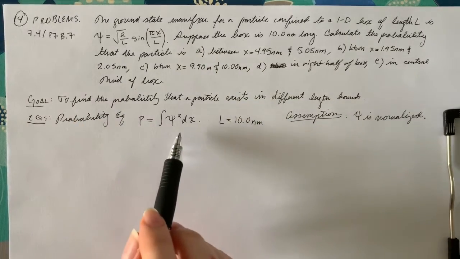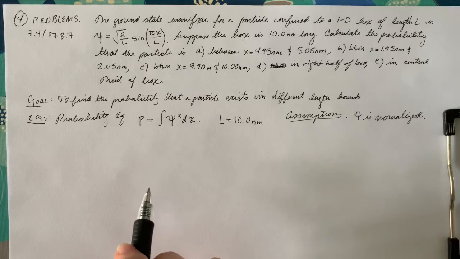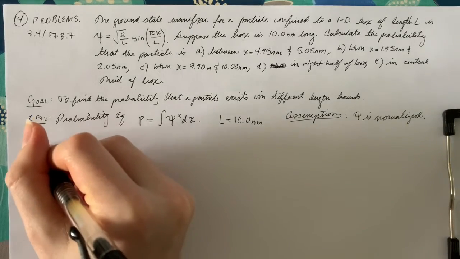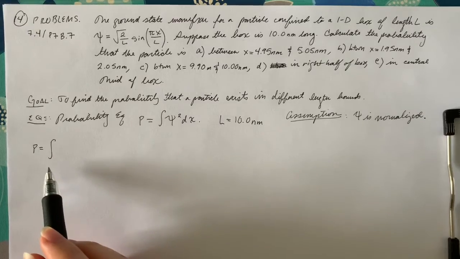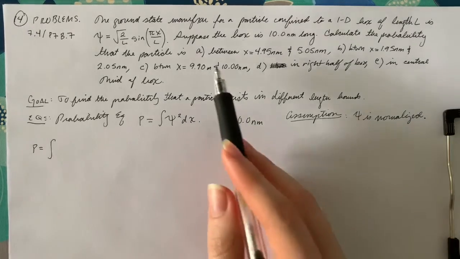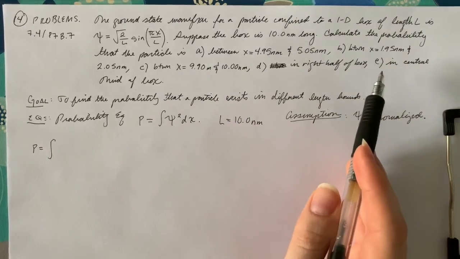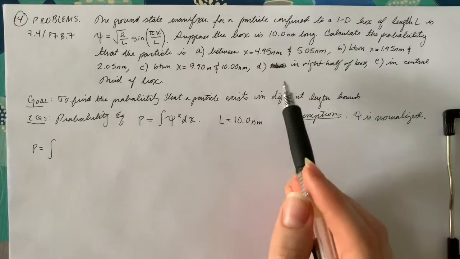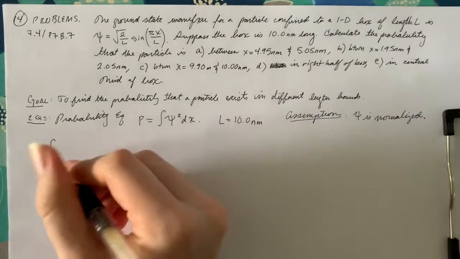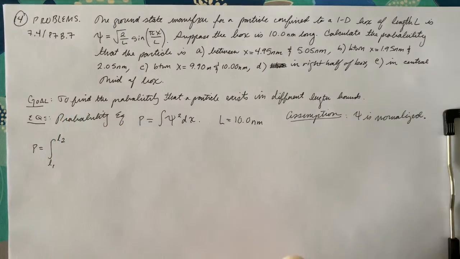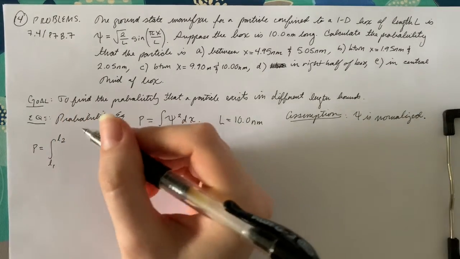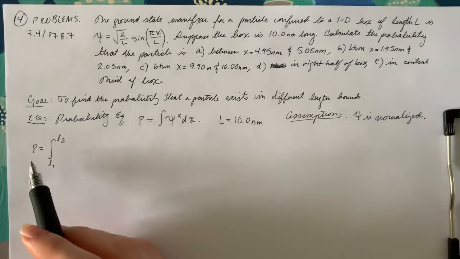So we're going to take our probability equation. P equals, integrate. I'm going to write L1 and L2 because in all of these subparts A through E, we're given different values of L. So I'm going to just write L1 to L2 so we can get an algebraic expression for the solution.